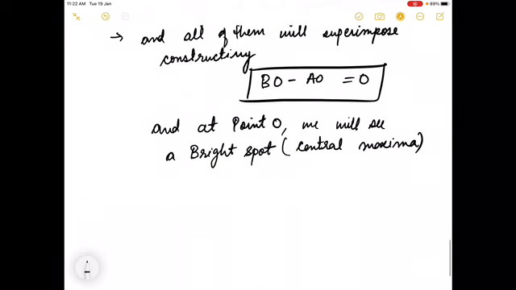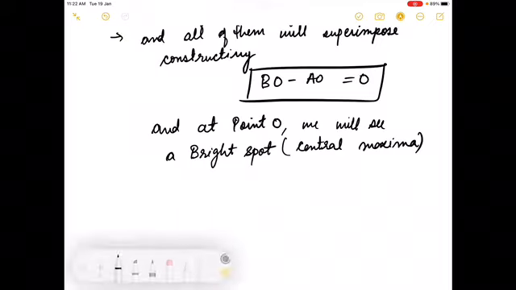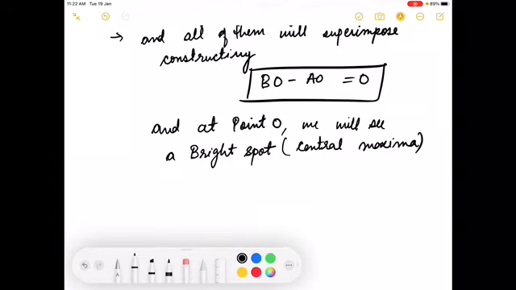Okay, so after your central maxima, we are supposed to see secondary minima, right? So let's try to explain.